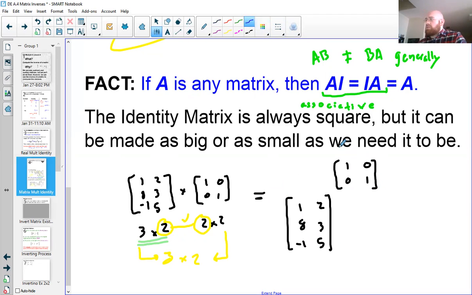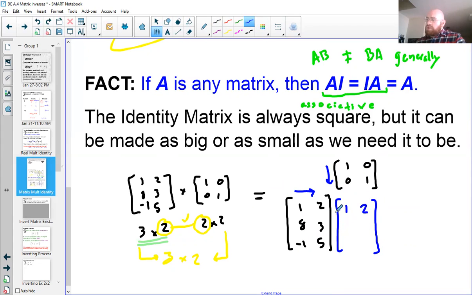Let me do the product in blue. So remember, we go inwards from both of them. So we have 1 times 1 plus 2 times 0. So for this first coordinate, it's just 1 times 1. On the next column, we have 1 times 0, 2 times 1, which is 2.